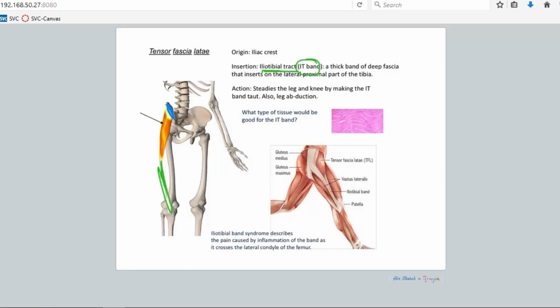It's a thick band of deep fascia that inserts basically on the tibia down here. One of the things the tensor fasciae latae does is that when it contracts, or it always has a little muscle tone, it pulls on the IT band, and this steadies the knee. It makes the IT band taut, makes it tight, and that stabilizes the knee.